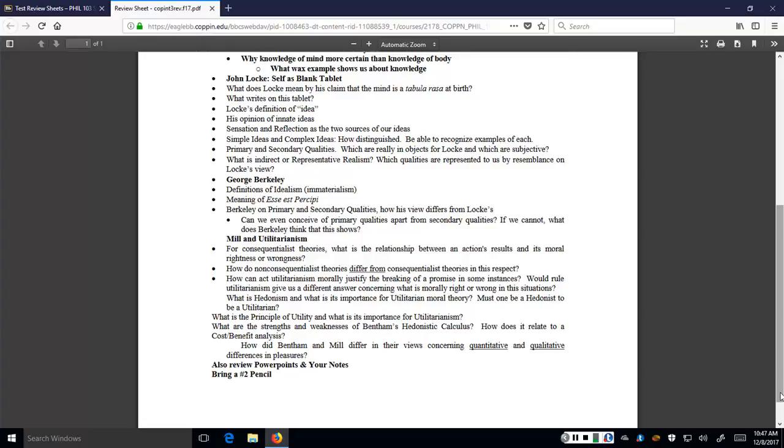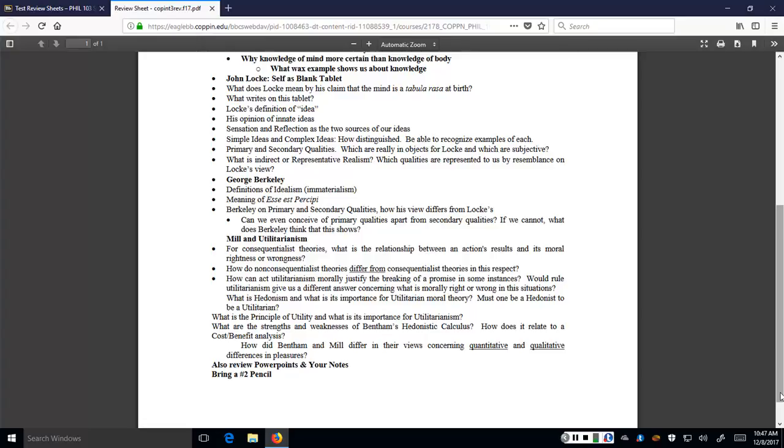Now, the view that all that exists is ultimately mental is what we call idealism or immaterialism. And Berkeley's whole philosophy can be summed up in the words esse est percipi. Now, for Locke, the secondary qualities like colors were subjective and in us.